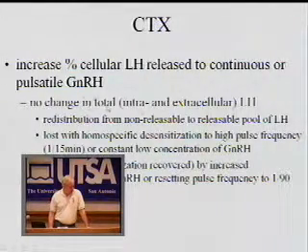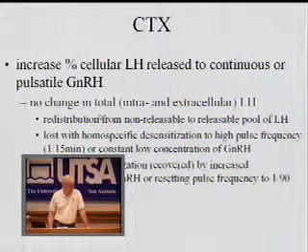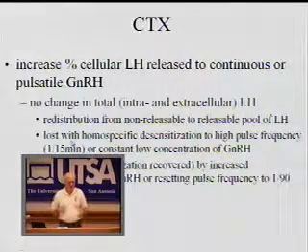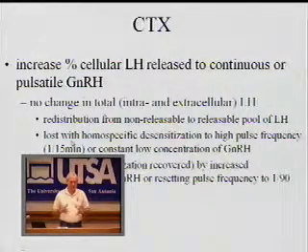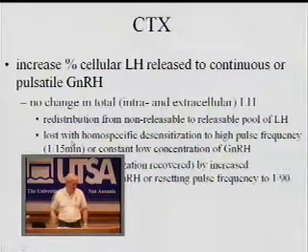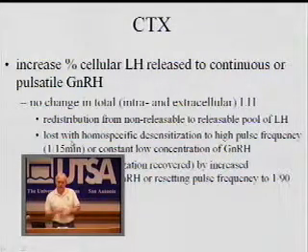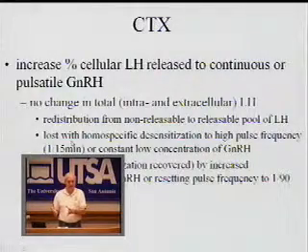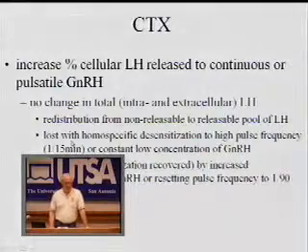And this ability to sustain the intra and extracellular concentrations of the LH was thought to be from a redistribution from a non-releasable to a releasable pool of LH. So we're beginning to see these ideas in this earlier literature of how do we get the gonadotrope prepared to produce and sustain the LH surge and then be reversed, as we saw in the previous slide, to normal baseline levels after the surge and behave predictably in a negative feedback fashion.